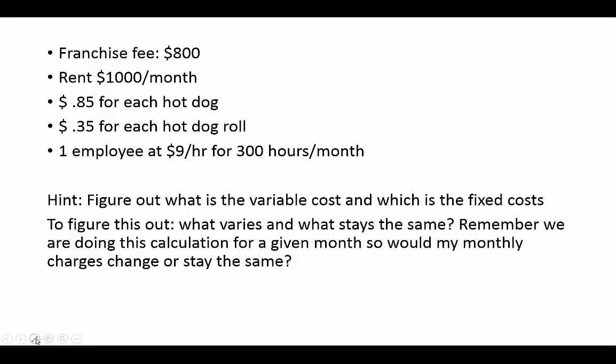Now remember our definition of a cost function. Our cost function, C of x, equals our variable cost times our number of units plus our capital F, which is our fixed cost.